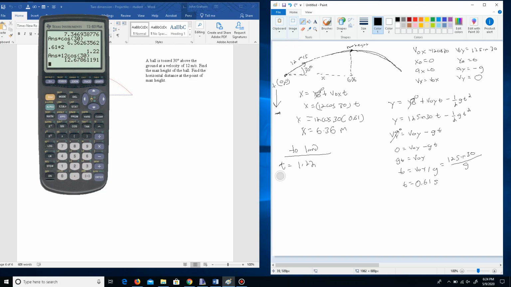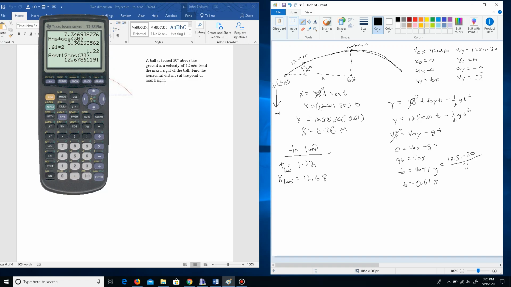So this is the x to land, time to land. It's 12.68, which is pretty close to double that. All right, I rounded a little bit, so that's why it's a little bit off. But yeah, you can just double this at that point. That's only because this is even.